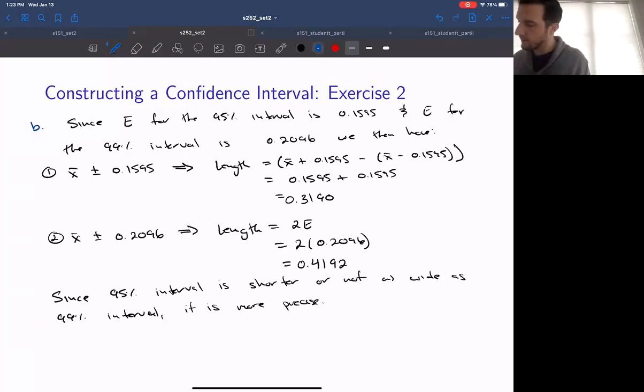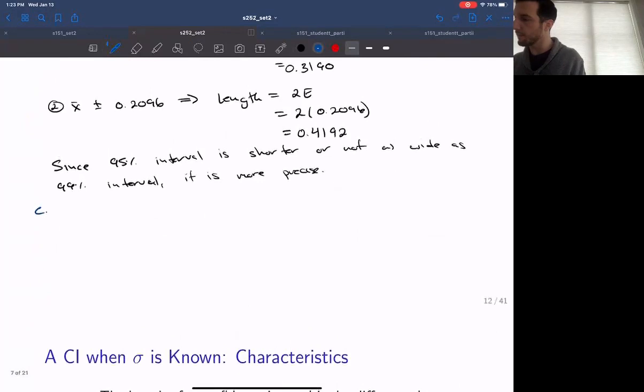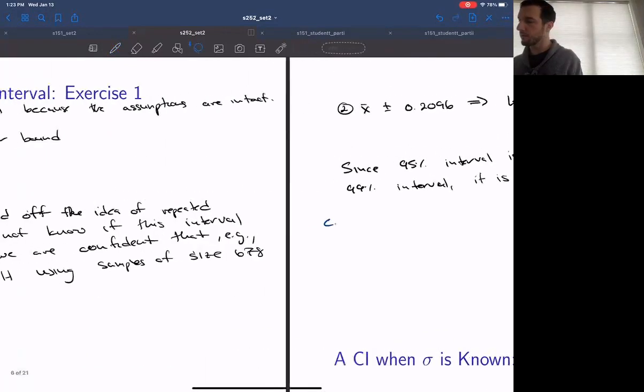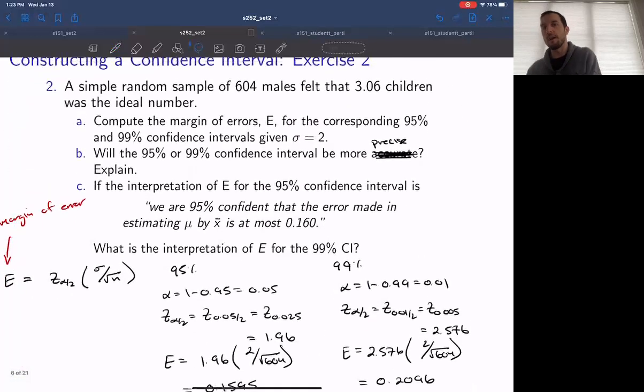Okay, the last question is simply an interpretation of the margin of error. So on the previous slide, sorry, I'm just going to flip back here. We have for the margin of error, our interpretation would be something like we are 95% confident that the error made in estimating mu by x bar is at most 0.160.